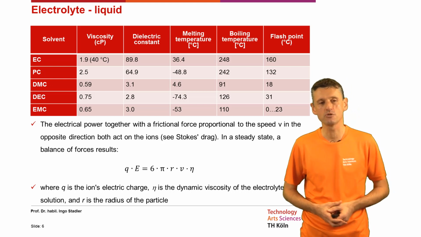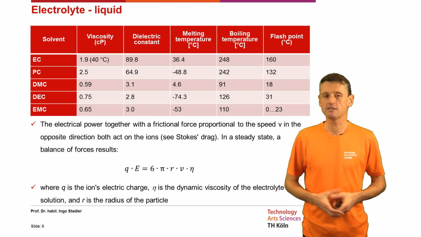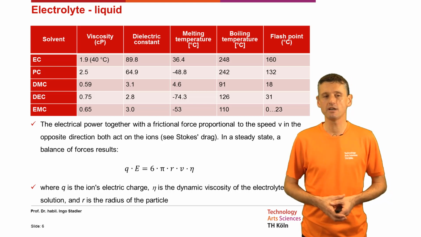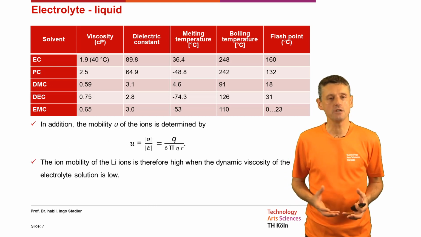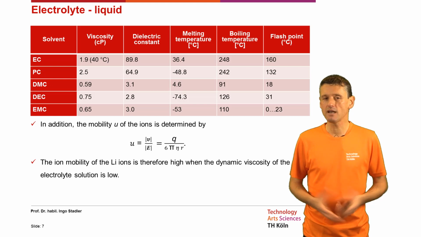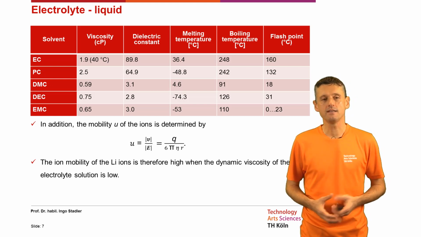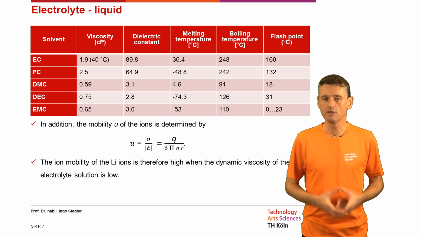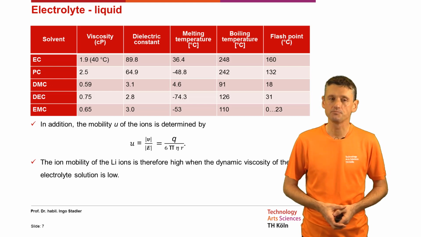In this equation, Q is the ion's electric charge, eta is the dynamic viscosity of the electrolyte solution, and R is the radius of a particle. In addition, the mobility U of the ions is determined by this equation, and the ion mobility of lithium ions is therefore high when the dynamic viscosity of the electrolyte solution is low.